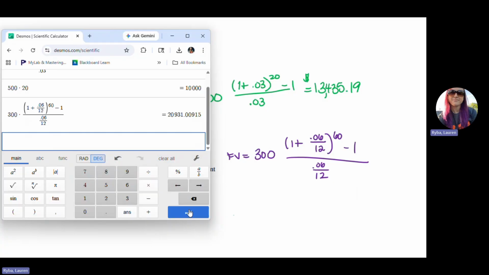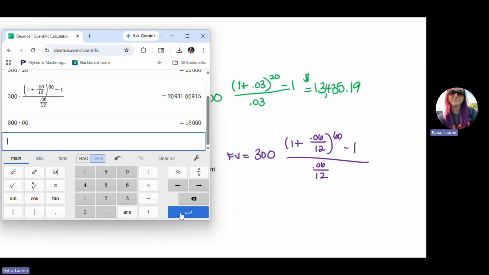So at the end of my 5 years, I've now accumulated $20,931.01. Again, I could go back and figure out how much I put in: 300 times 60. I put in $18,000, so I earned $2,931.01 in interest.